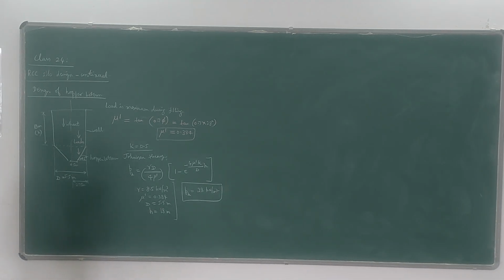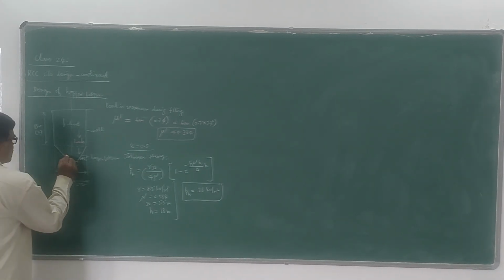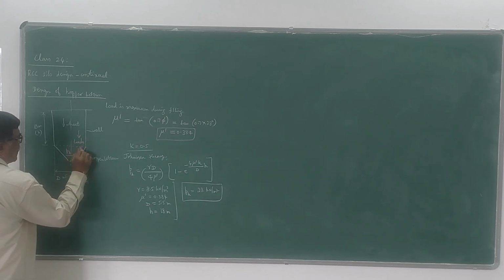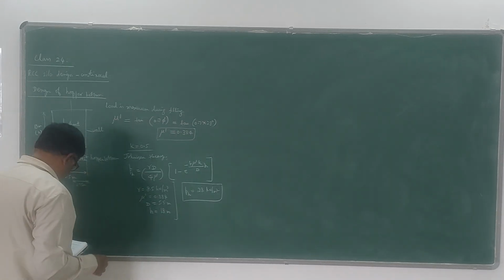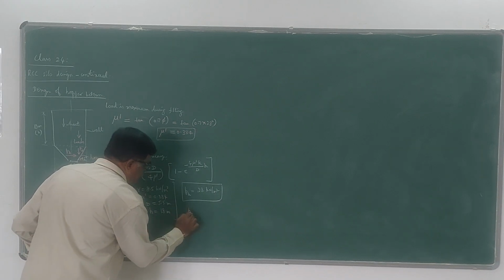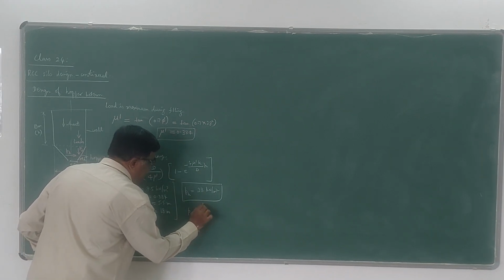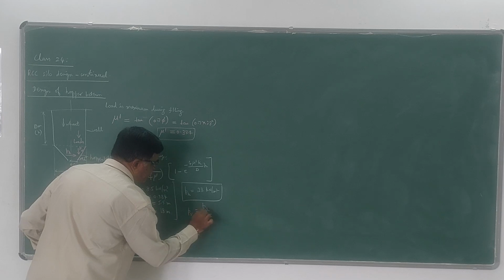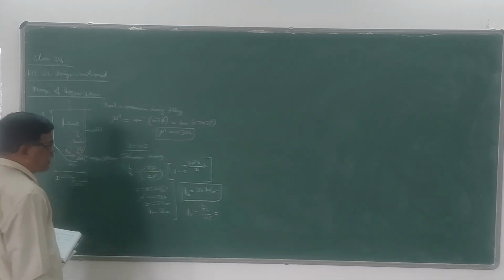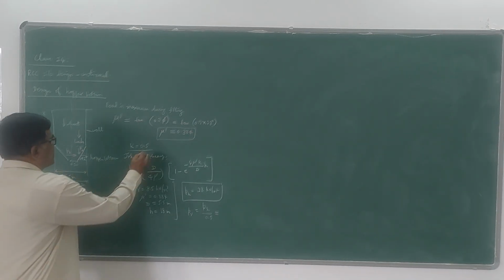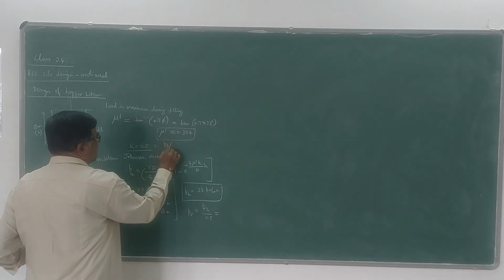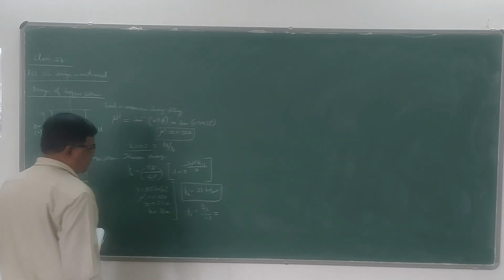Now we have to calculate the load on this upper bottom. Of course pH will be acting like this, whereas pV will be acting like this. By knowing this K value, the pressure ratio, we can get pV as pH divided by 0.5, because K is nothing but pH by pV, the ratio of horizontal pressure to vertical pressure.